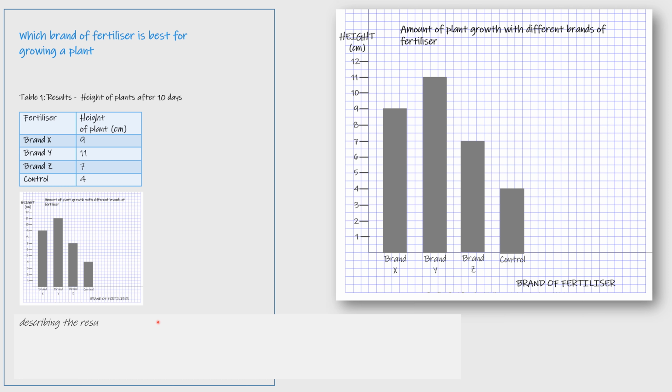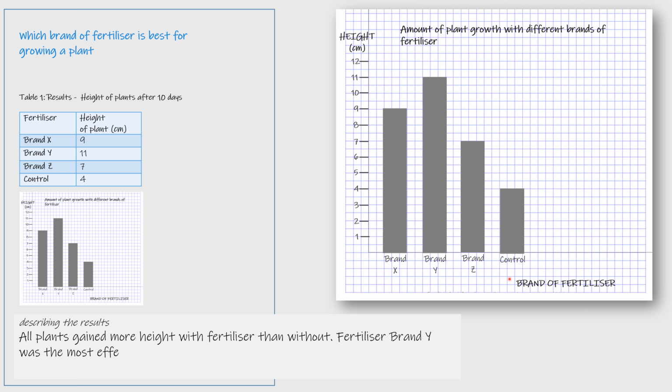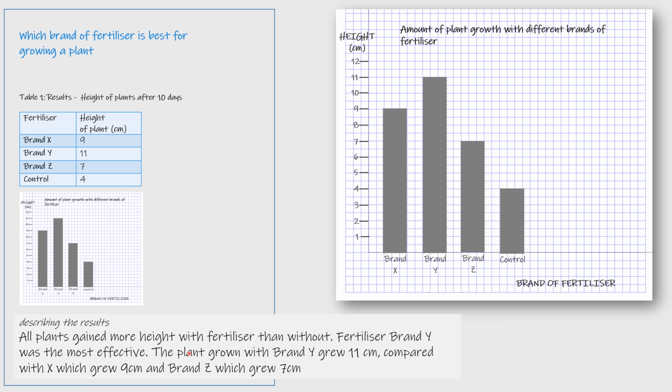Our last step now is to describe these results. Remember, with a column graph, we're very interested in comparing groups or categories. So you would want to compare or refer to these categories. This sort of statement would typically appear in the discussion and the conclusion. All plants gained more height with fertilizer than without.